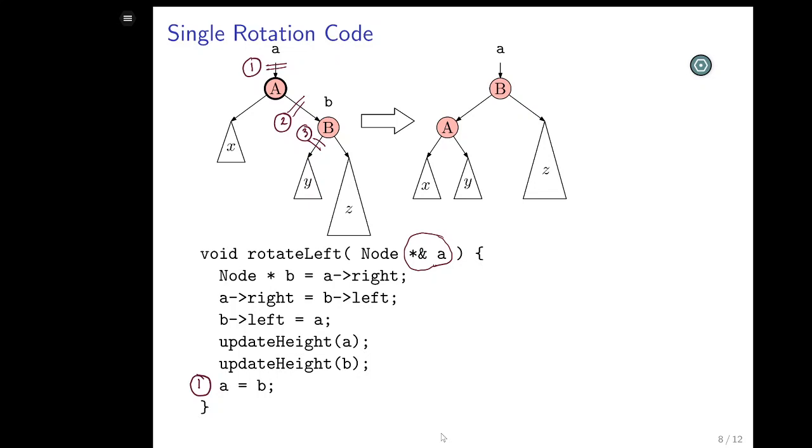We have to think about this. What's being changed is the right pointer of A. So the right pointer of A is getting updated someplace in here. Instead of pointing to B, it's going to point to the left child of B. So presumably there's some code in there that says that, and yeah, you're right, it's right there. A right equals B left.